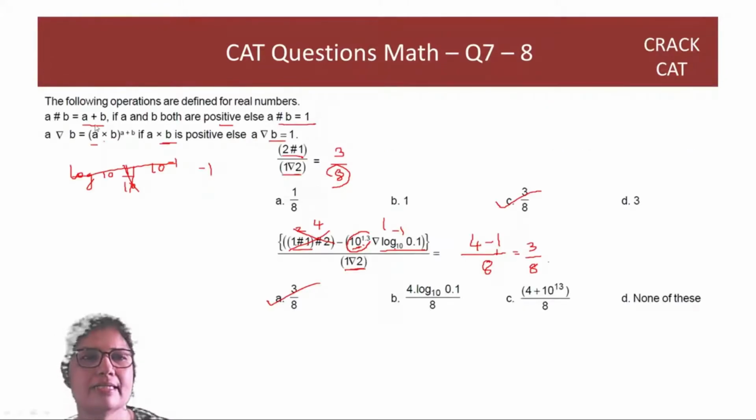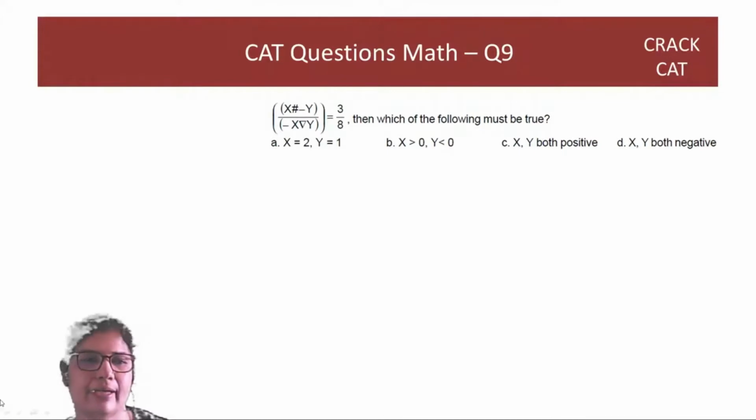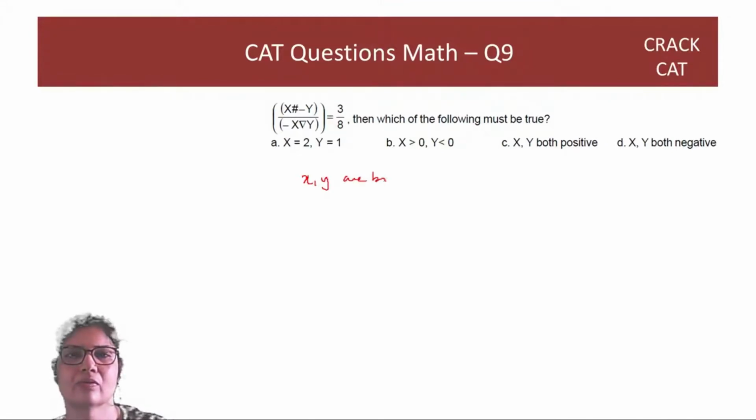See, this is A plus B, this is A into B, correct? So if I have got 3 by 8, that means X and Y are both positive. Okay. And X into Y hence will also automatically be positive.